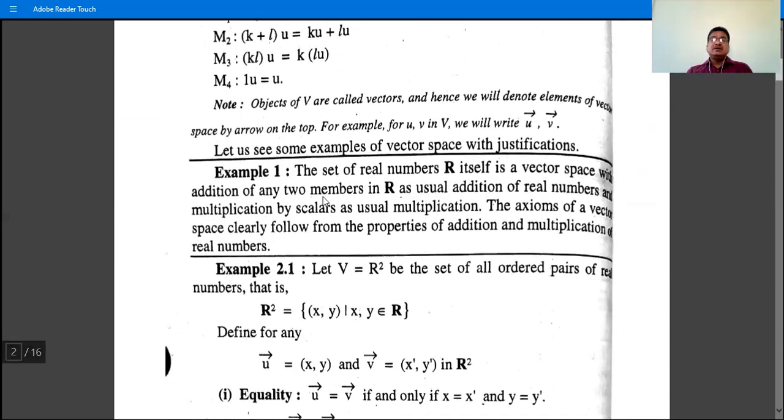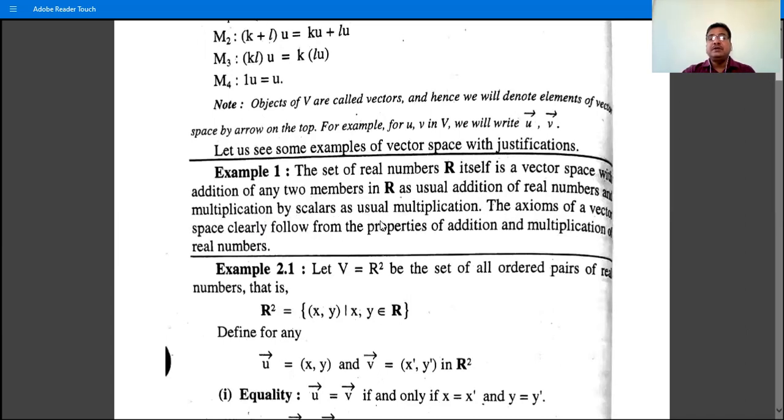Obviously, we discussed that the set of natural numbers and the set of integers, these two are not vector spaces. So the set of real numbers, capital R, is a vector space with the usual addition of two real numbers and usual multiplication.